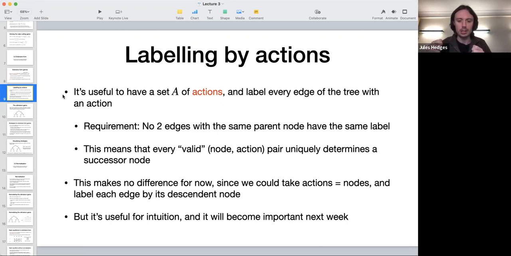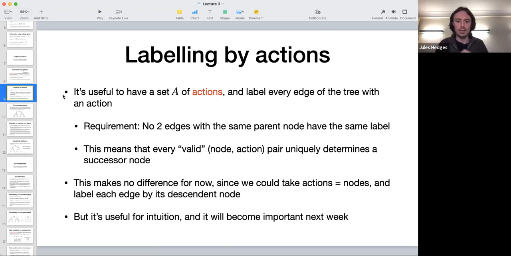So if we have a pair consisting of a node and a valid action, where valid means the action labels some outgoing edge of that node, then it labels a unique outgoing edge of that node. That means we always know where to go. We can never be in the situation where we take an action and don't know where to go.